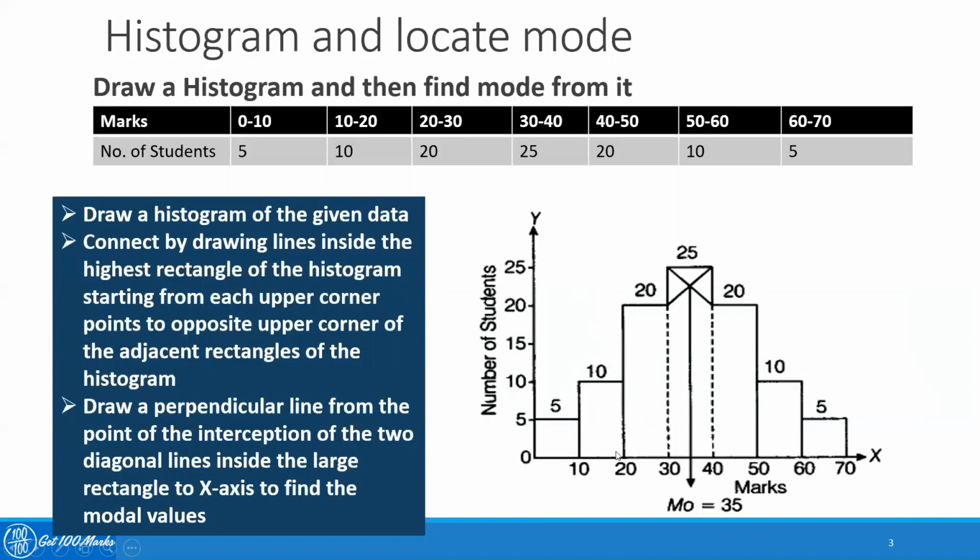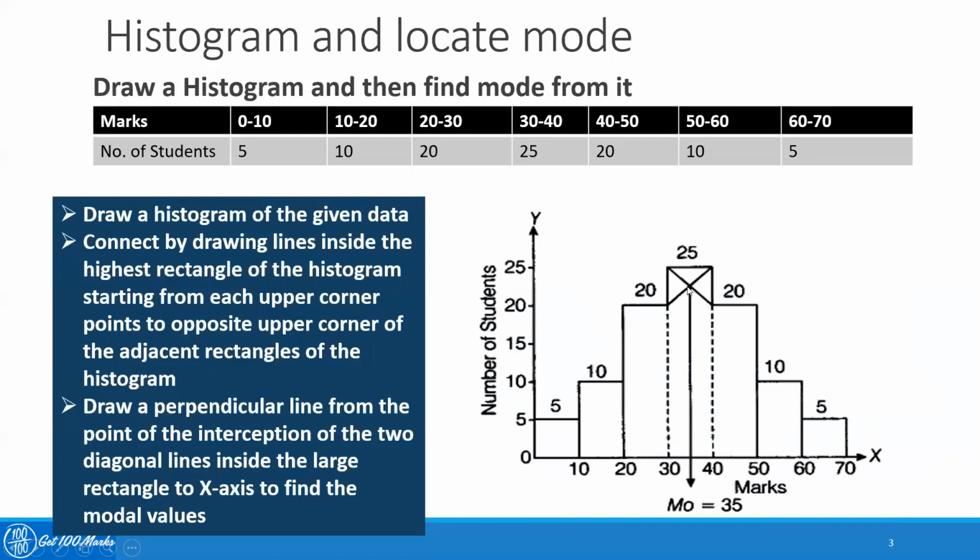For 10 to 20, mark 10 on the y-axis and join with a scale. Similarly for 20 to 30, mark 20 on the y-axis at both points 20 and 30, and then join. Otherwise, your histogram will shift towards the right side, which is a very common mistake among students. Once again, for each class interval like 0 to 10, you mark the frequency 5. For 10 to 20, mark 10. Then join all the lines. This is the way we draw the histogram.